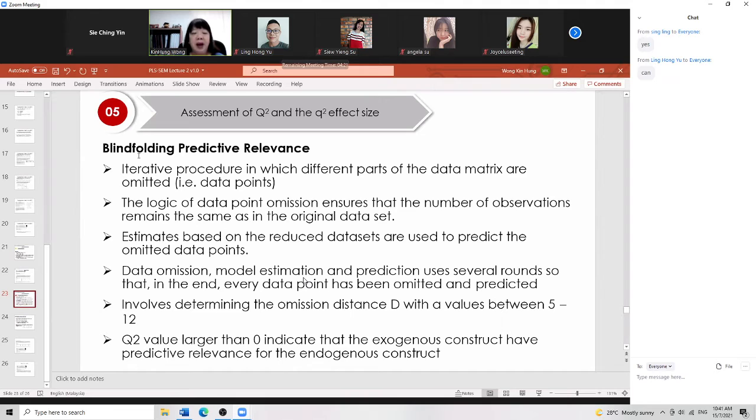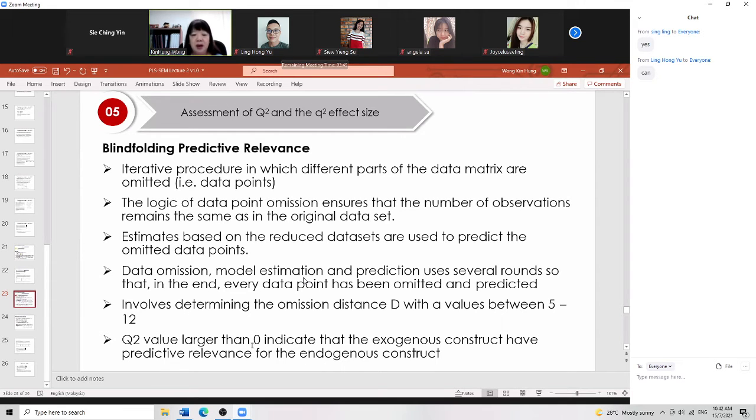Blindfolding predictive relevance is just a function available in PLS. We estimate based on reduced data sets that are used to predict the omitted data points. So data omission, model estimation and prediction use several rounds so that in the end, every data point has been omitted and predicted, okay? It involves determining the omission distance, with a value between 5 to 12, okay?